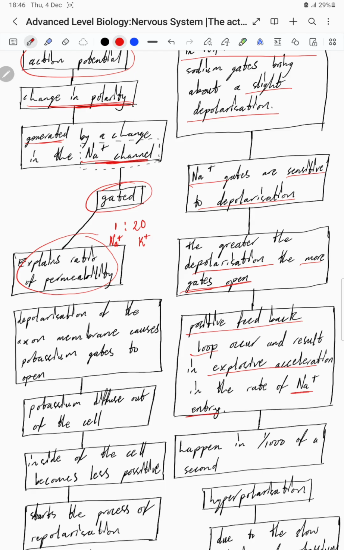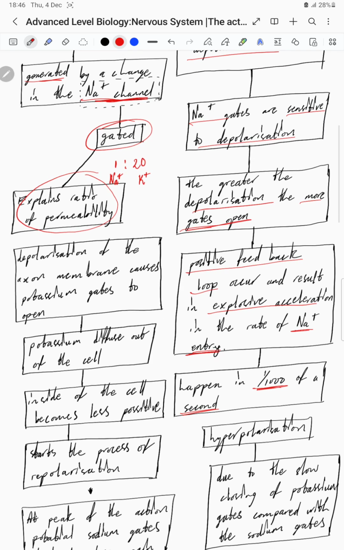So sodium ions begin to enter the axon at a very fast rate. This will happen in about a 1,000th of a second. During this depolarization of the axon membrane, potassium gates open.